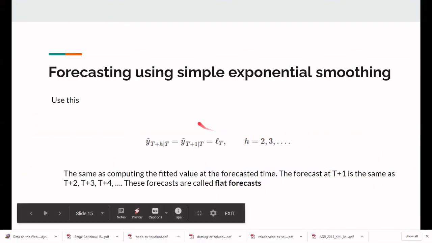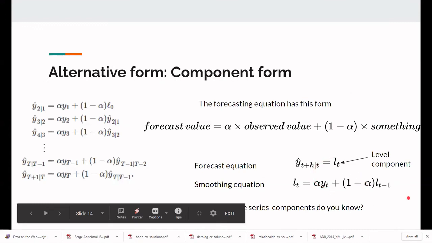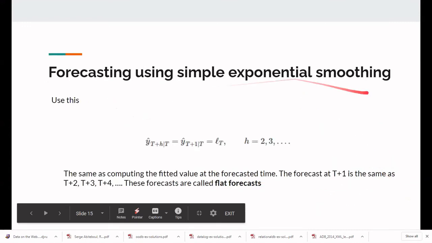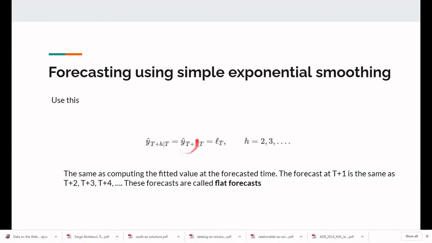Okay. So how do we forecast? It's very simple. Just use this. And then, if you want to forecast, just compute the forecast and that would be our forecast value. So, usually hindi lang tayo mag-forecast ng one value. We usually want to forecast several values far into the future. Let us say, can you give me a forecast for the next 3 days? So, hindi lang tomorrow ang question.